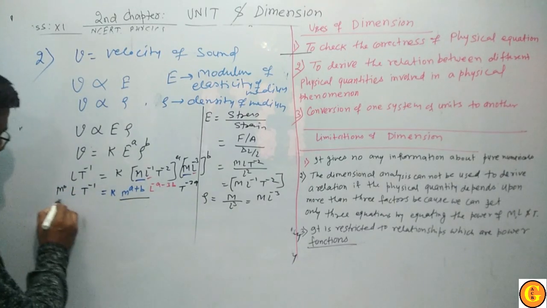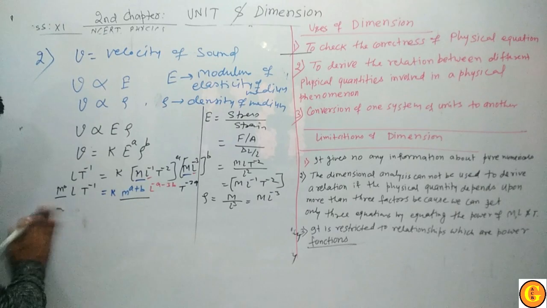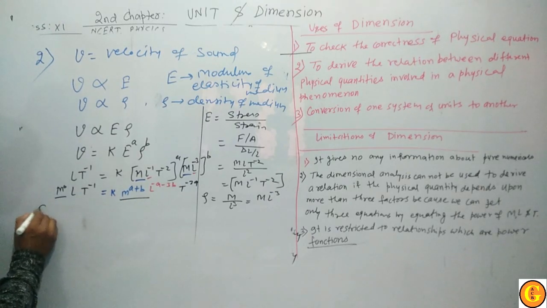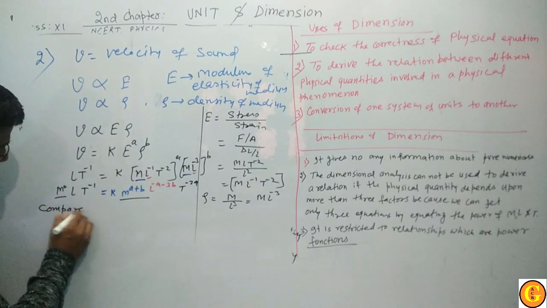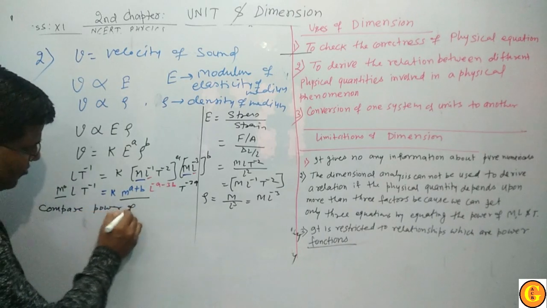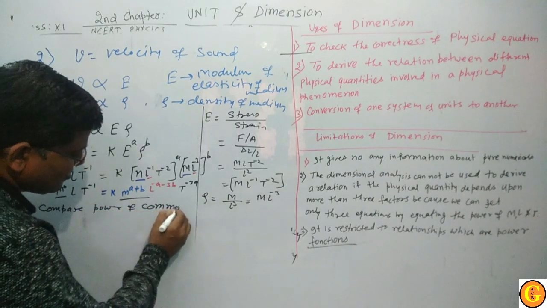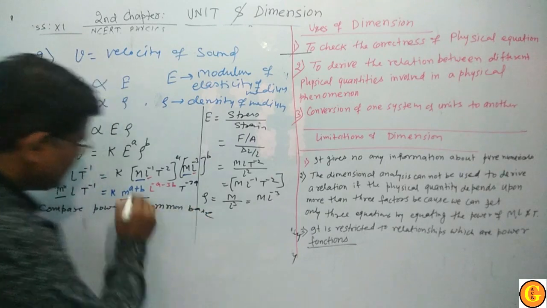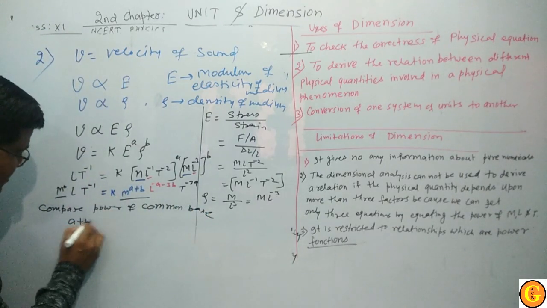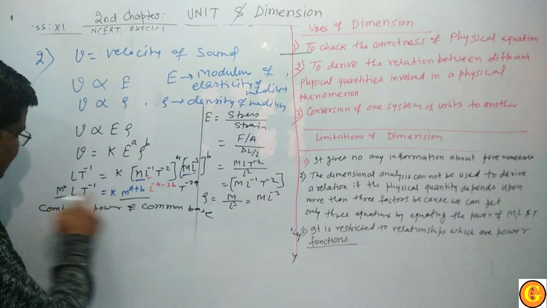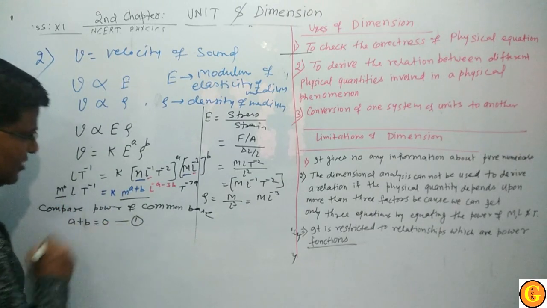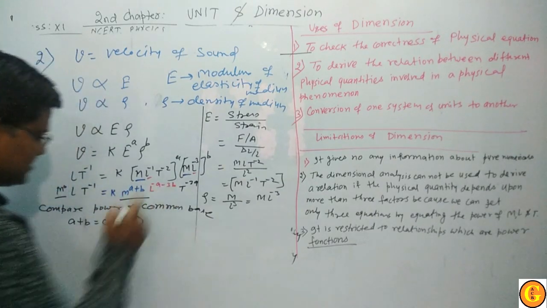M is 0. Then compare the power of the common base. Of the common base means A plus B is equal to 0. Equation number 1.